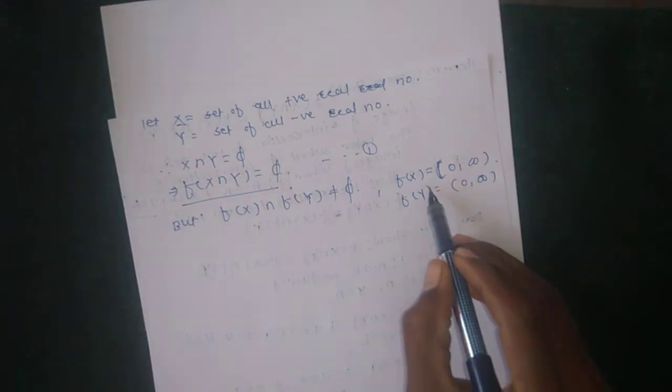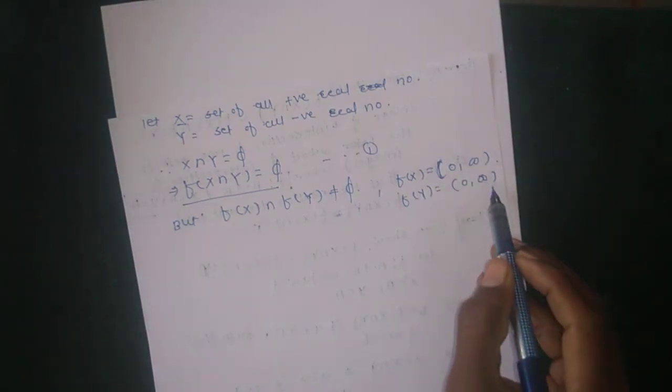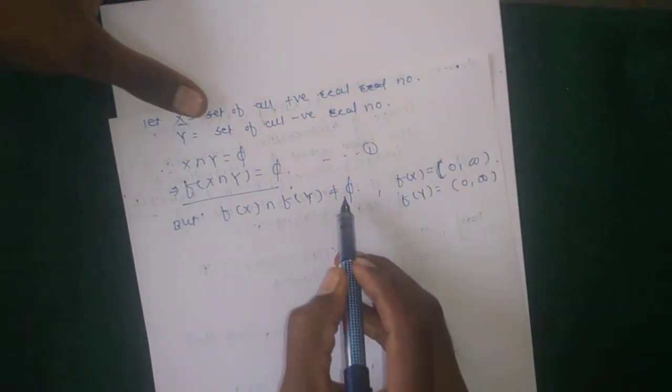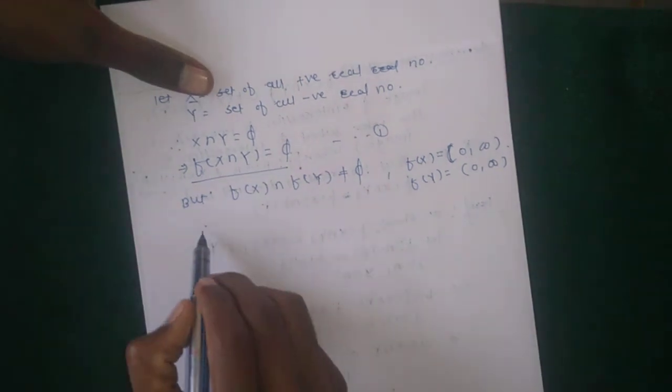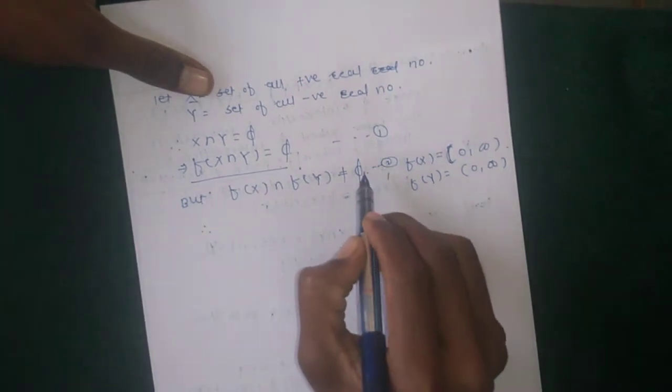Therefore f of x intersection f of y contains infinitely many elements, so it is non-empty, and this is equation number 2.